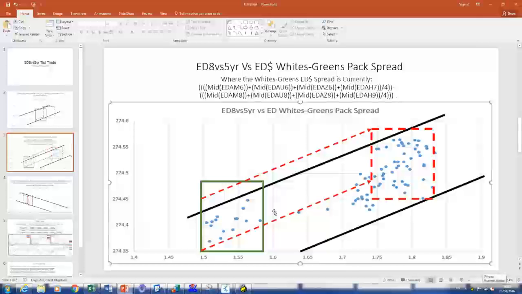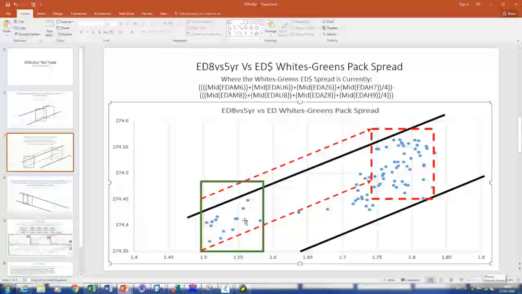So what you can see here, you may or may not know, is that on the bottom I've got the whites greens pack spread as a price. So down the bottom, this is 1.5, this is 1.6, and this is 1.85. Again, the same vertical: 274.35 on the 5-year TED spread to 274.60, right?